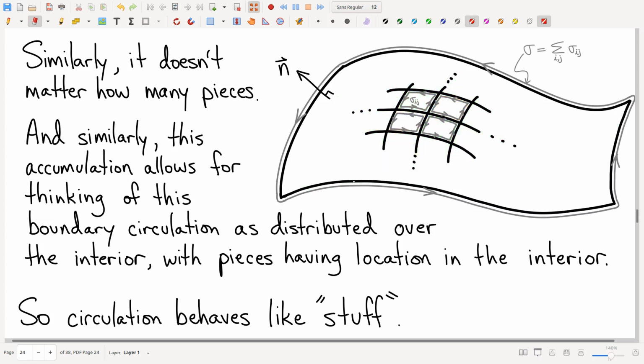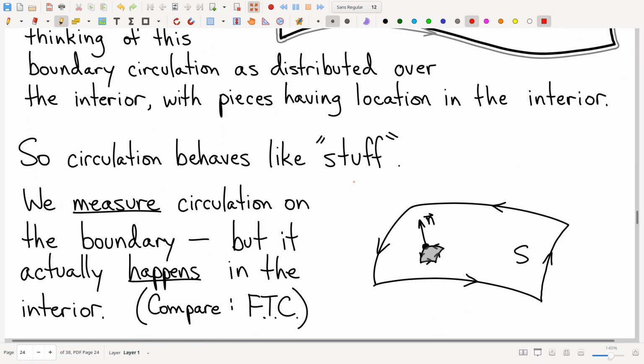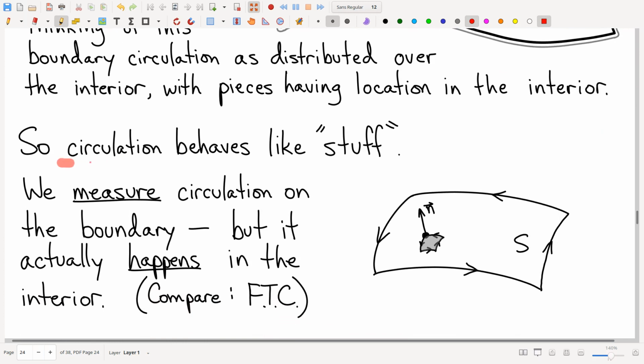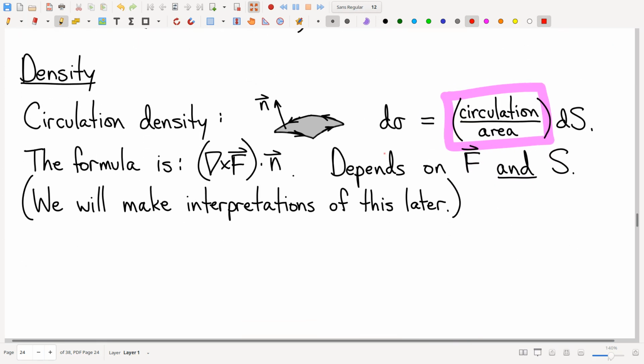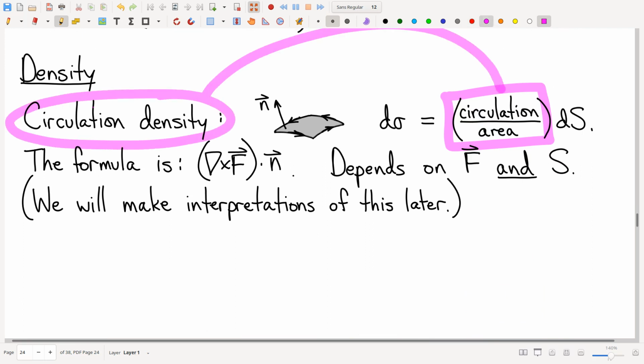Okay. All right. So we're going to imagine boundary circulation as being a kind of stuff, like any other accumulating quantity, like mass or ants or whatever else that we're adding up over some surface. And with that noted, we have this idea of a density, right? Circulation is a kind of stuff, therefore it has an associated density.